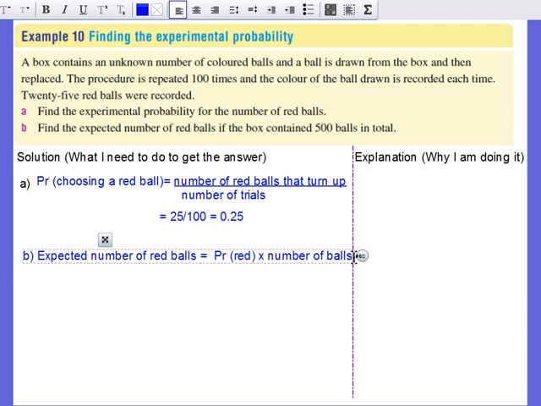The number of balls in this particular question is now 500. So that'll be equal to 0.25 times 500, which is of course equal to 125 red balls. So in a bag of 500 balls we would expect 125 of them to be red.